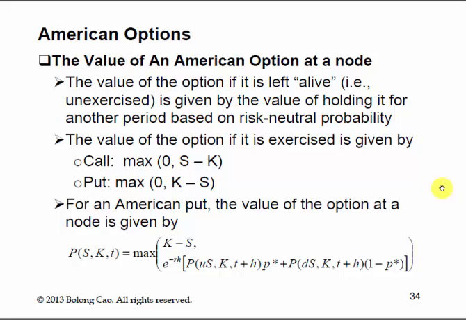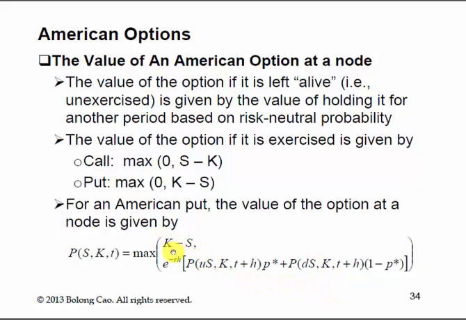Now, using a put option as an example, what we need to think about is the value of this put at a node. It's the maximum between exercising it or keeping it for another period. Now this node is somewhere in between, somewhere between the ending node and the first node.